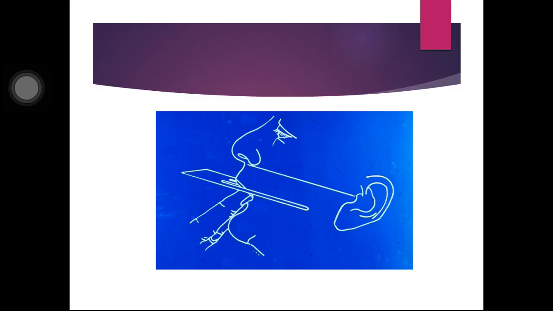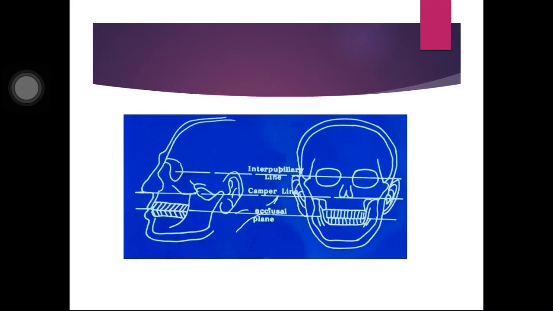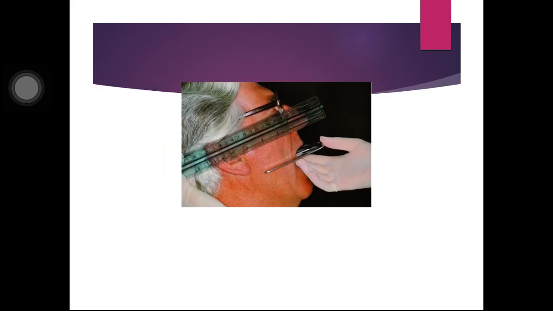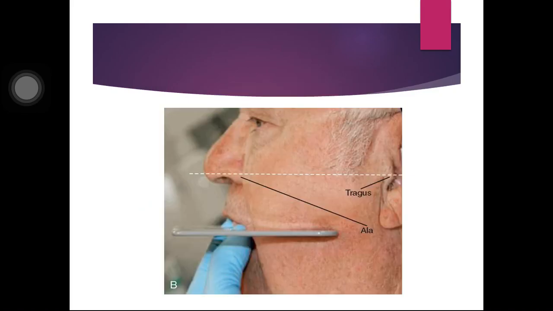Most of you should be familiar with Fox's plane at this point. The anterior and posterior planes are both made parallel with the help of this instrument. Both the anterior and posterior planes are checked. Here you can see that the interpupillary line is not parallel, and this is how we check the posterior occlusal plane. The pictures are very much self-explanatory at this point.